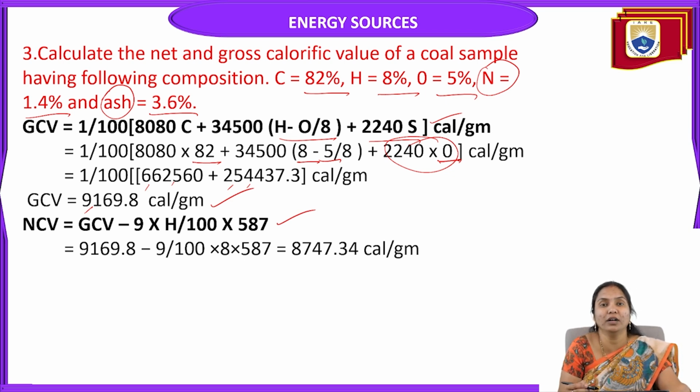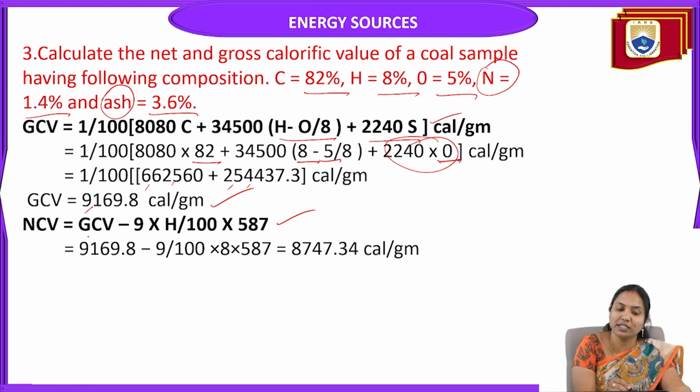What is the formula for calculation of net calorific value or low calorific value? NCV equals GCV minus 9 H by 100 into 587. Here GCV, the gross calorific value, we just calculated.